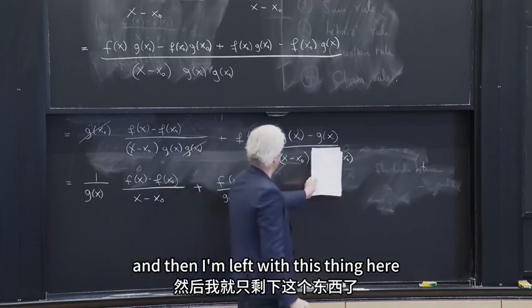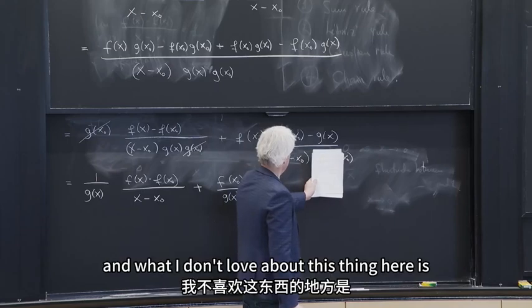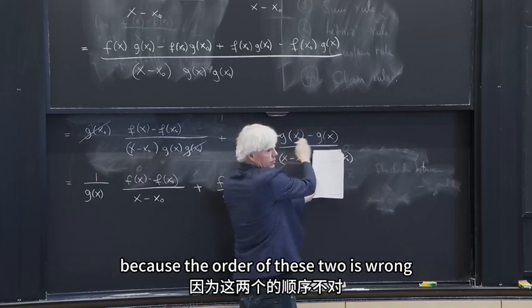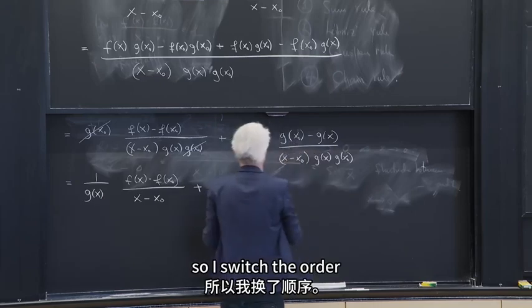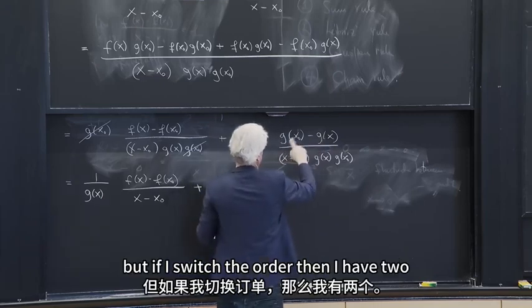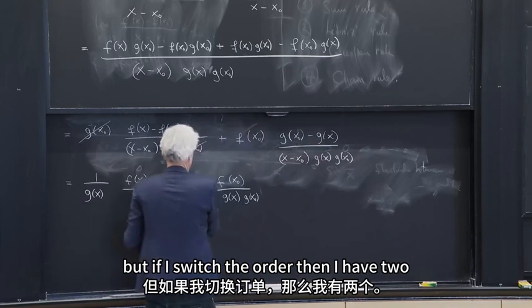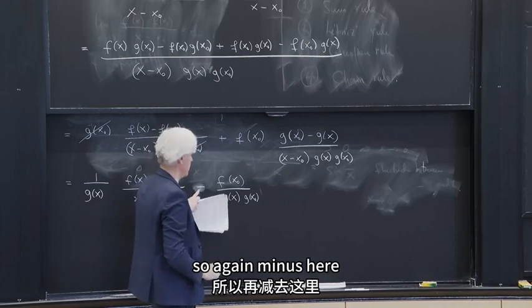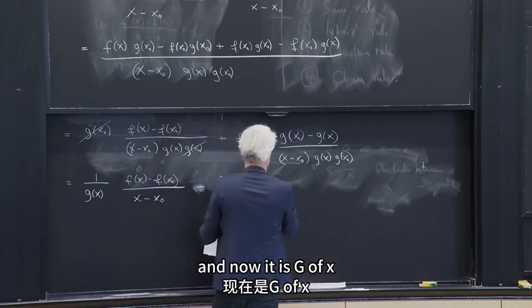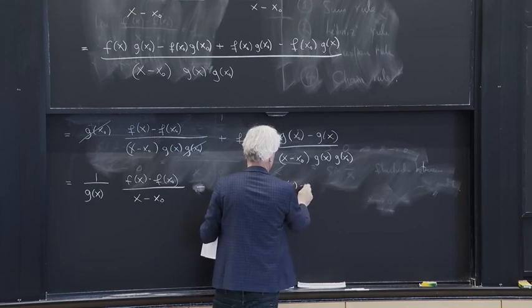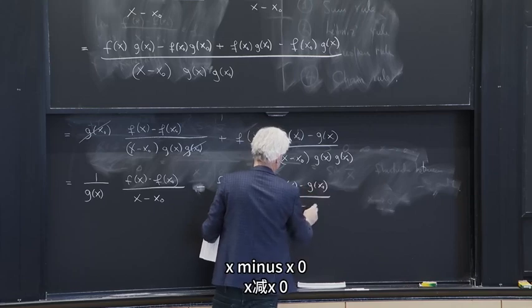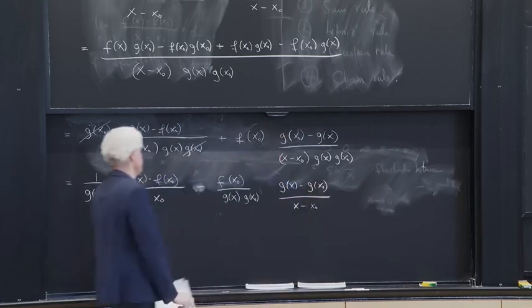And then I'm left with this thing here. What I don't love about it is it's not quite the difference quotient because the order of these two is wrong. So I switch the order, but if I switch the order, then I have to pick up a minus sign. So I get minus here, and now it is g of x, g of x0, x minus x0, like that.